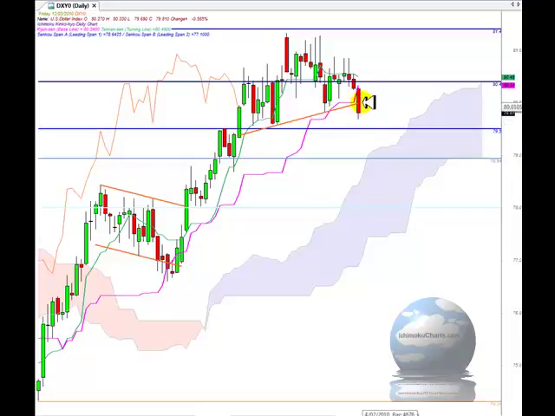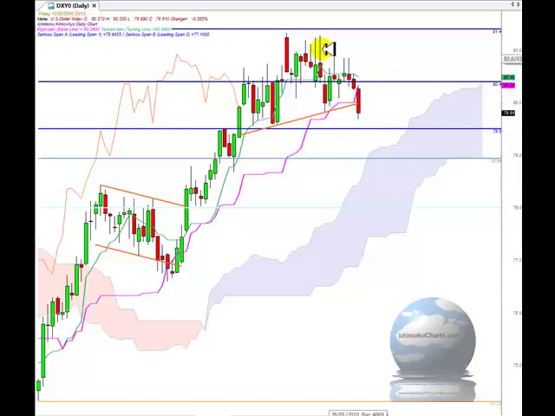If the market failed to close down below there, then that would not be confirmation of the pattern, but a close down below the pattern is confirmation of the pattern. And adding more weight to the probability that the pattern may continue as a reversal is the fact that we've had a fairly bearish close down below there as well. So there is potential for the market to continue down.